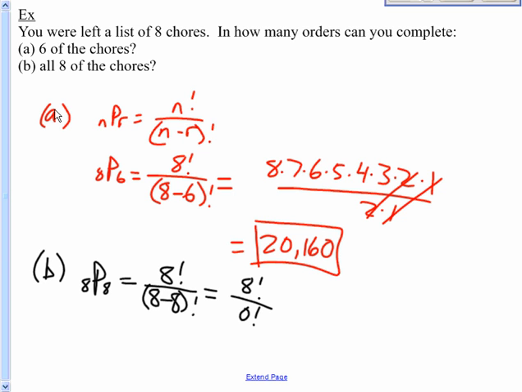Now, 0 factorial is 1, if you remember that, okay? And on the top here, you got 8 factorial, and this 8 factorial ends up being 40,320. Okay, all over 1. So 0 factorial, your special case there, 0 factorial is 1.